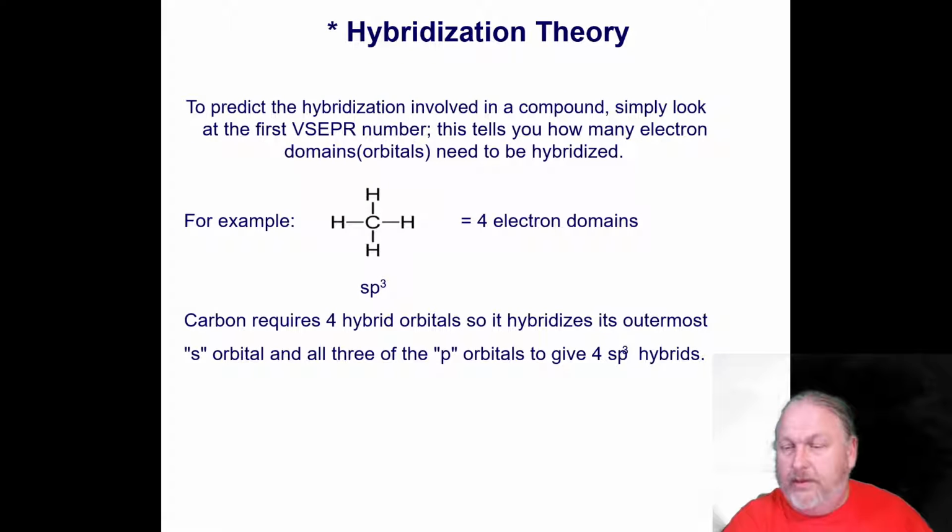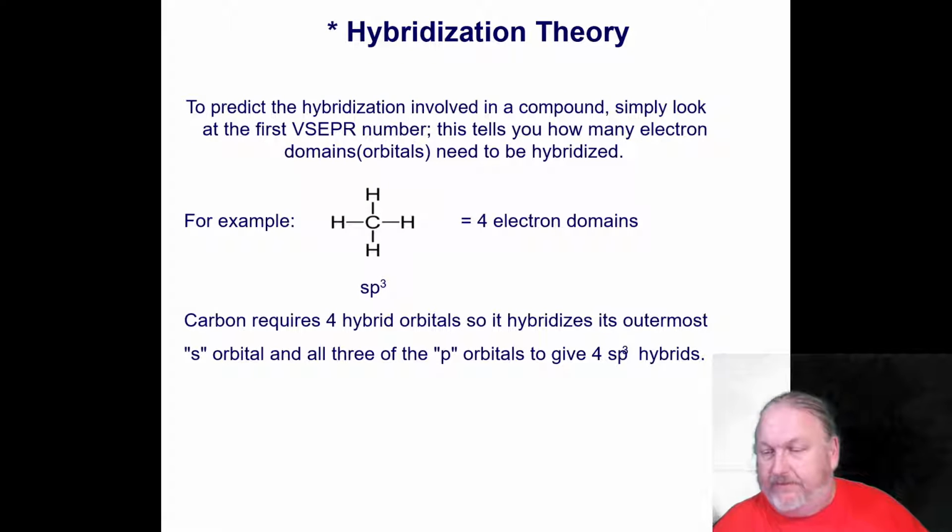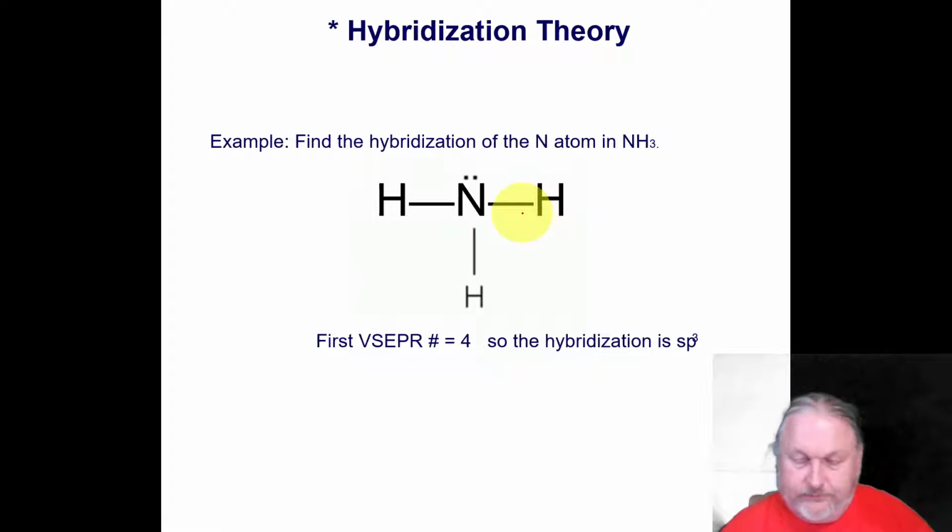So, to figure out if you've got hybridization, we've got to look at that first VSEPR number. This is going to tell us how many electron domains need to be hybridized. So if I look at methane, it's got 4 domains, right?